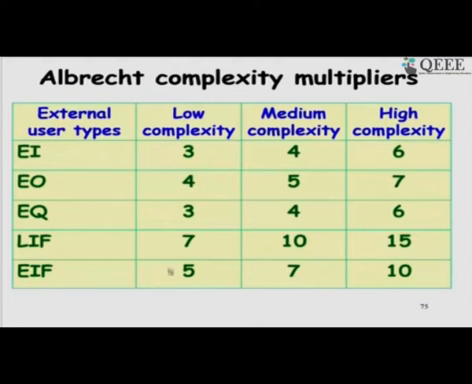As you can see, the internal files, which are highly complex, like trees and so on, have the maximum weight, whereas input, inquiry, etc., are low complexity and have low weight, and the files are the ones which have large weights.